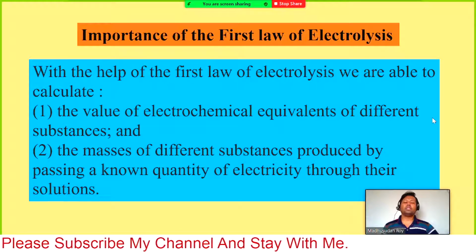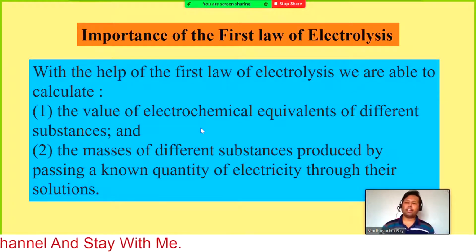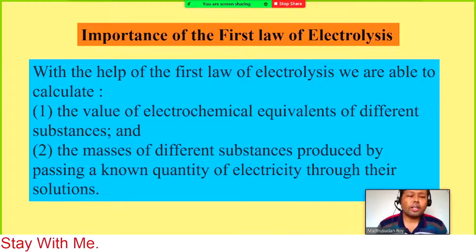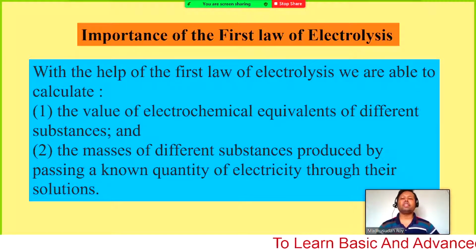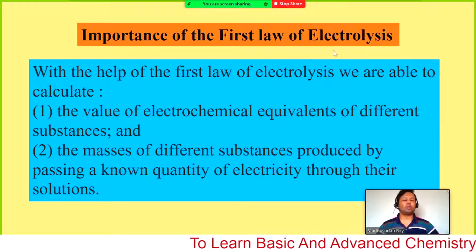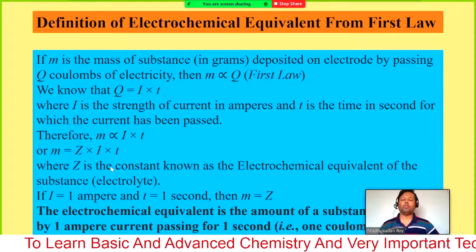That is considered as the electrochemical equivalent of that element. So from the first law we can easily estimate the chemical equivalent for different elements, because we have used only the first law here.